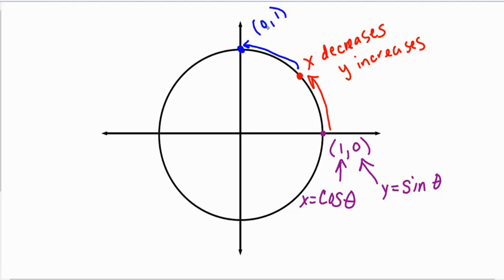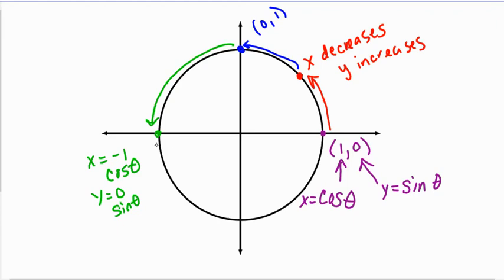So cosine of that angle has decreased all the way to 0, and sine has increased all the way to 1. We can keep rotating some more so that we get back to this x value is -1, so that's your cosine of theta, and the y value is 0, so that's your sine of theta.